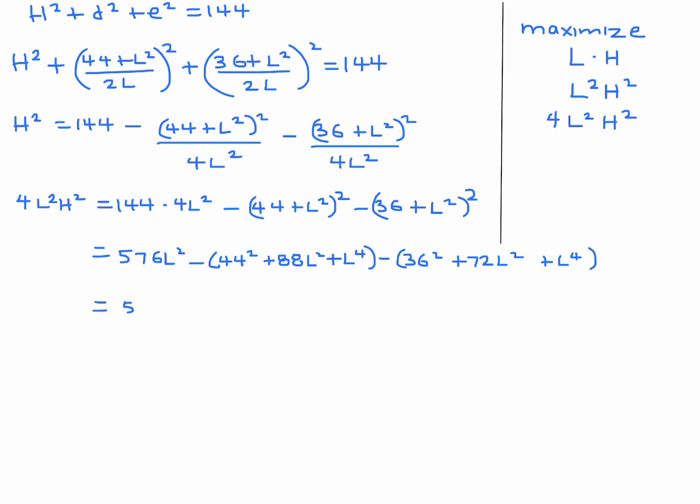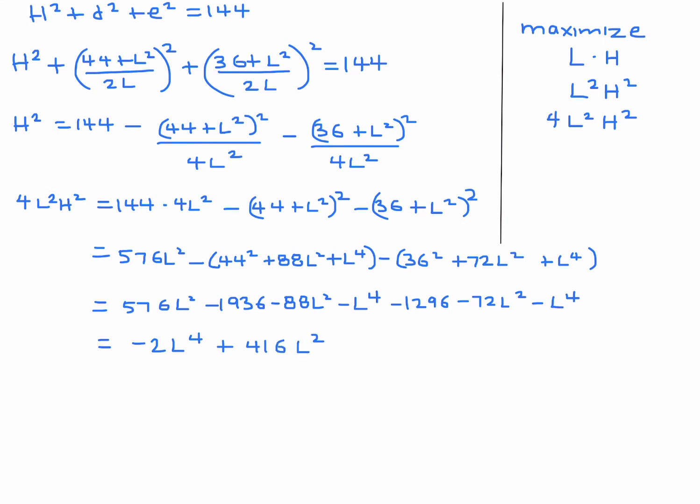And so this will be 576L squared minus 1936 minus 88L squared minus L to the power 4 minus 1296 minus 72L squared minus L to the power 4. Let's collect like terms. Collecting all the like terms for L squared gives me 416, and then I've got minus 3232.